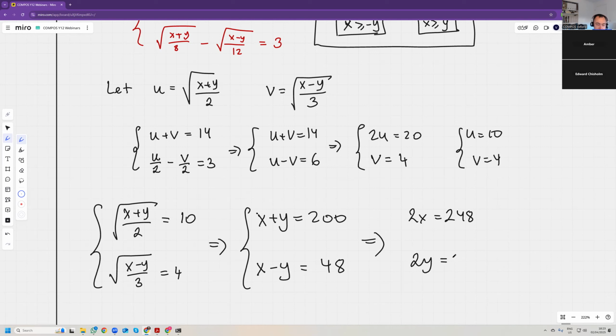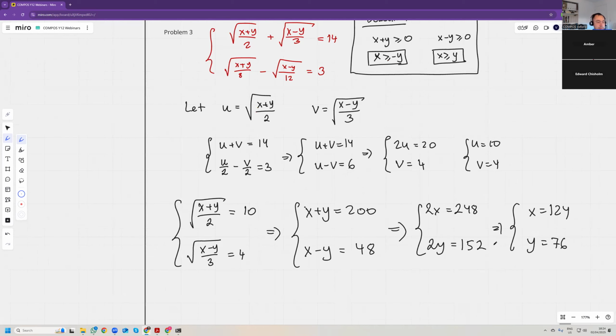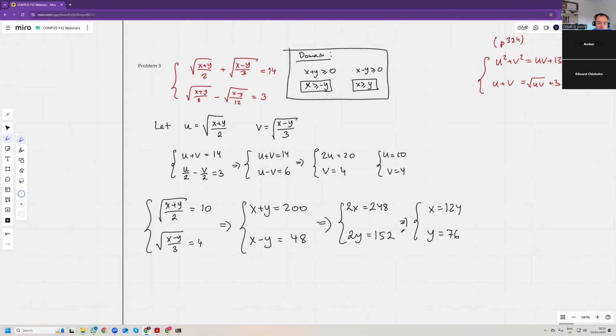2y equals 152. X equals 124. And y is 76. Nice. Oh, and that's the only solution. Now we check.